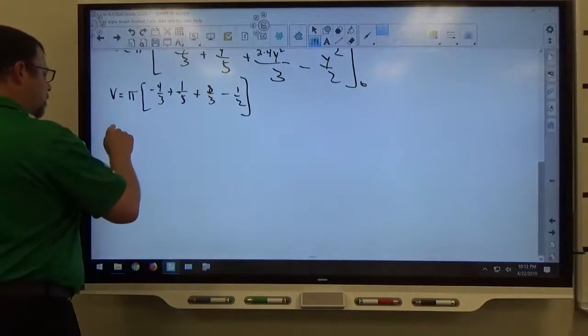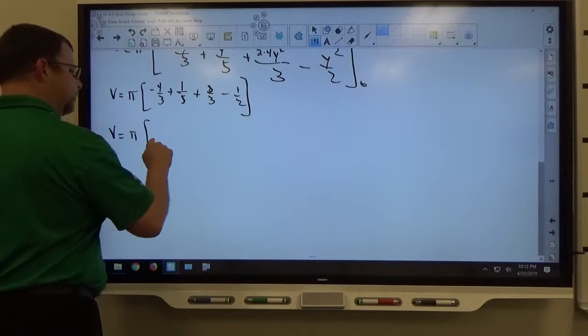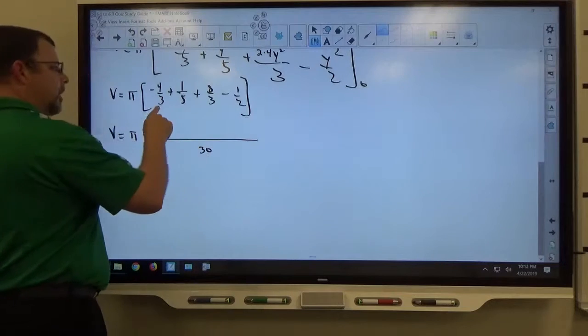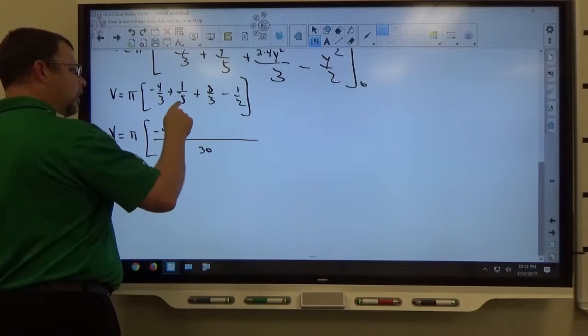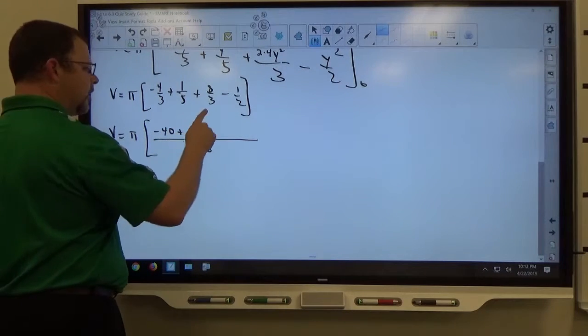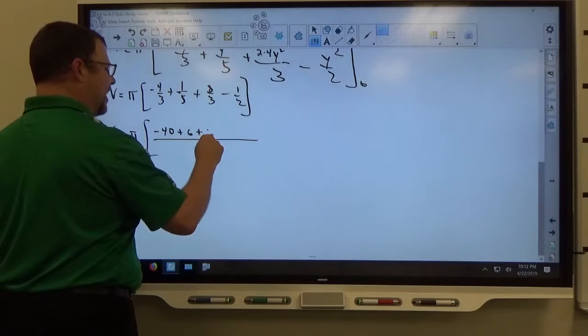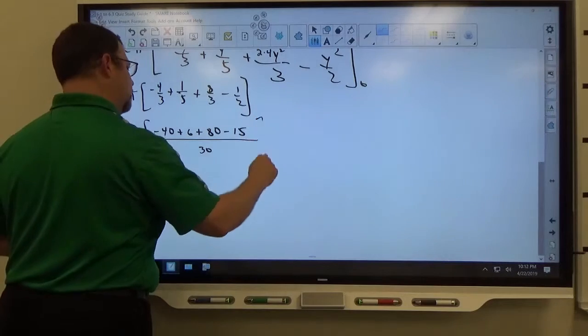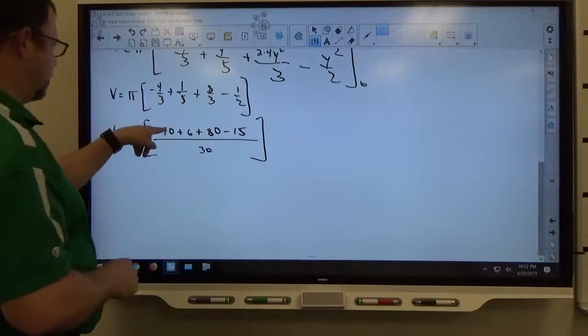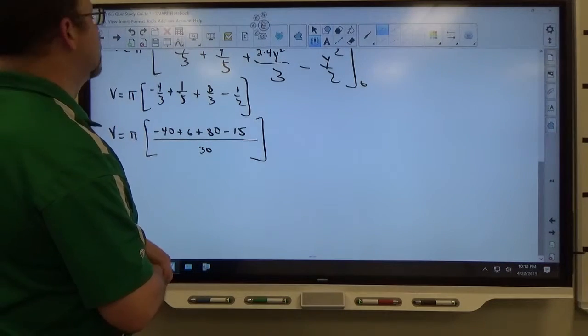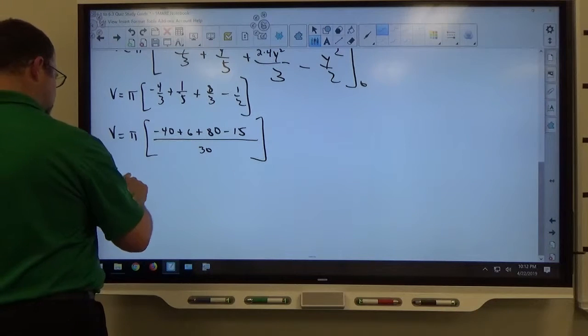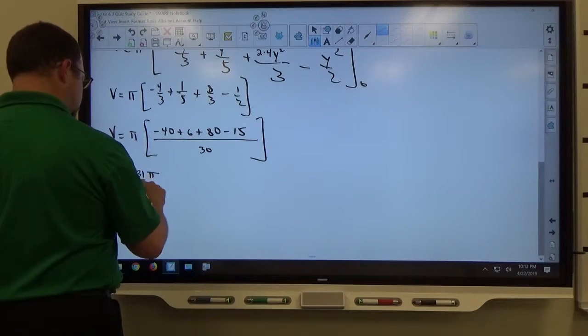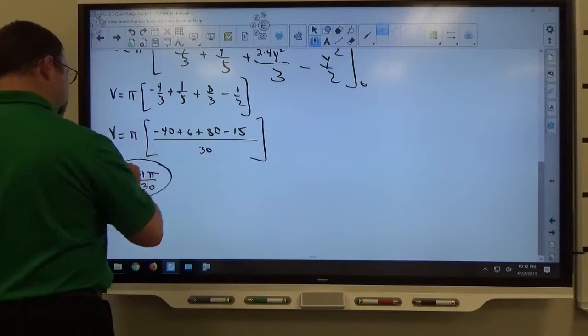So I'm going to make my common denominator 30. Times 10 makes negative 40. Times 6 makes plus 6. Times 10 makes plus 80. Times 15 makes minus 15. So 86 minus 55 is 31. 31 pi over 30 is the volume of that one.